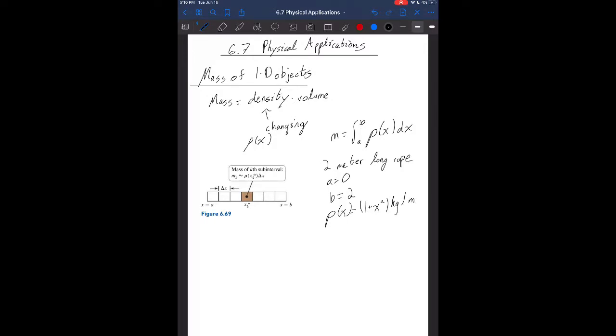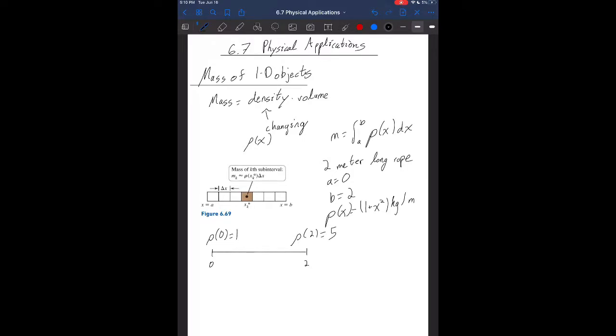So what this means is that at x equals 0, at the left end of our rope, we are going to have a density of 1, right? Because that's what happens when we plug in 0 for this rho function. At the other end, we have a density of 5. That's what happens when we plug in 2.